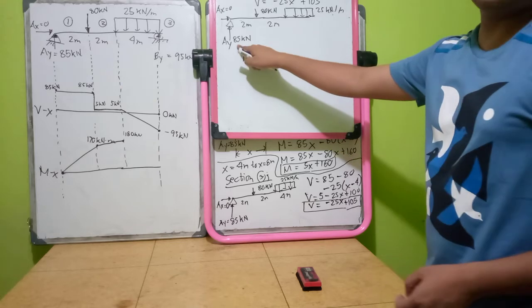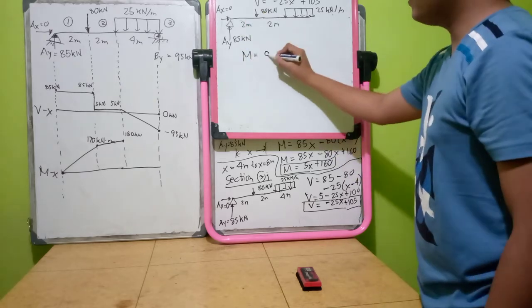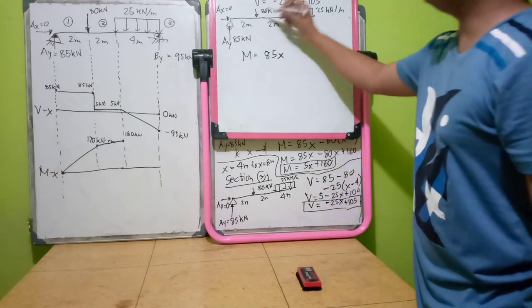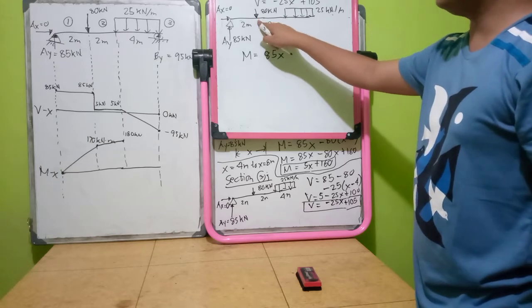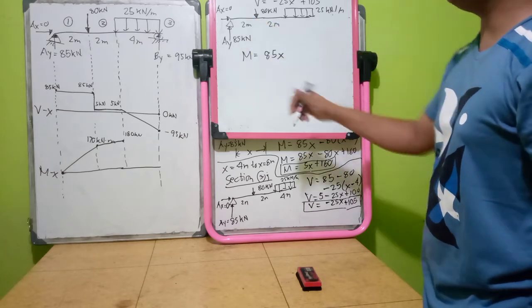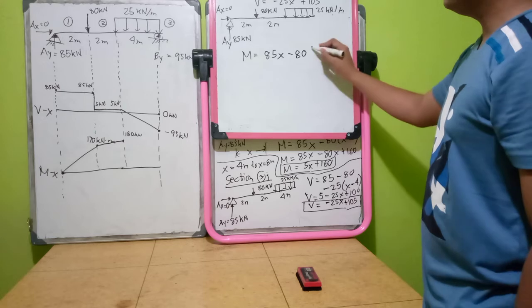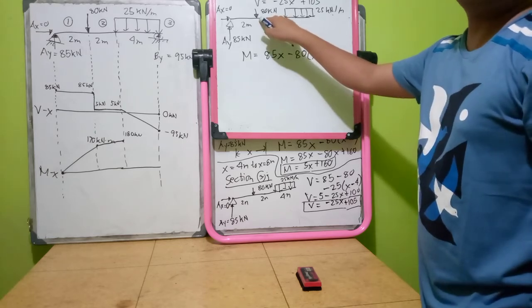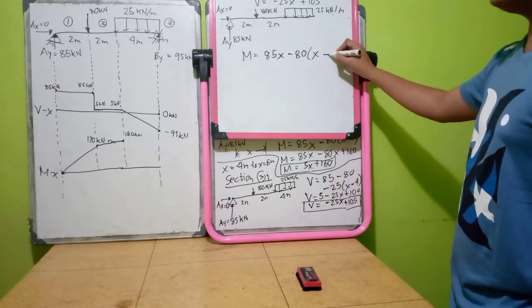We have 85 kilonewton acting on the leftmost support, so your moment equation is 85x, and then we have a downward vertical point load 80 kilonewton acting 2 meters away from your leftmost support. So we have negative 80 times x minus 2, the distance of that point load from your left support.